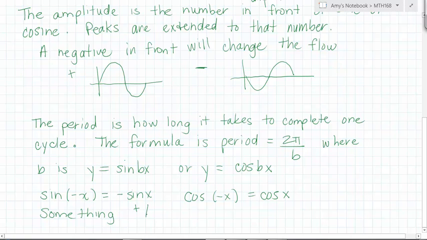Something positive or negative on the inside of your function, just like if you had x minus 4 quantity squared with a quadratic and that shifted your graph left and right, the same thing will happen with your sine and cosine functions. If something is positive or negative, it will shift that graph left or right.